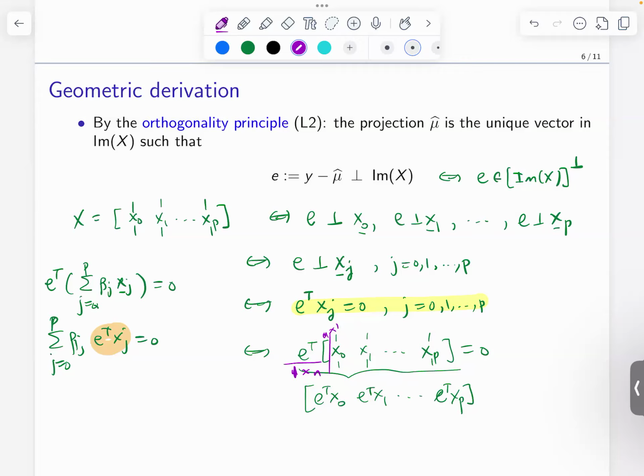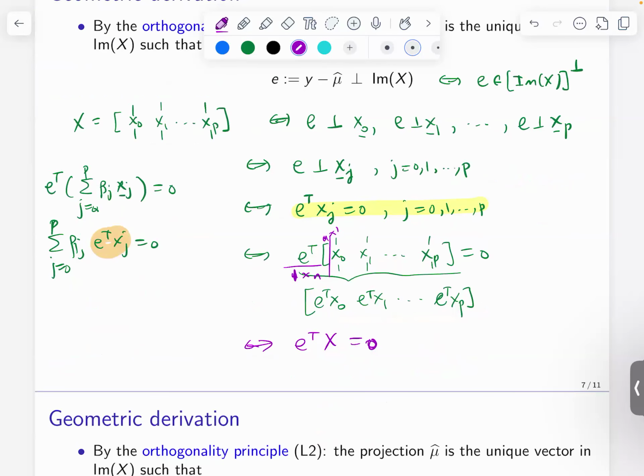The dimensions match and it just passes through. So this whole thing is equivalent to E transpose X equal to 0. So this is equivalent to saying E is orthogonal to every column of X, because of this identity: E transpose times this can be moved inside and multiplied by every column. So this is nothing but this statement.